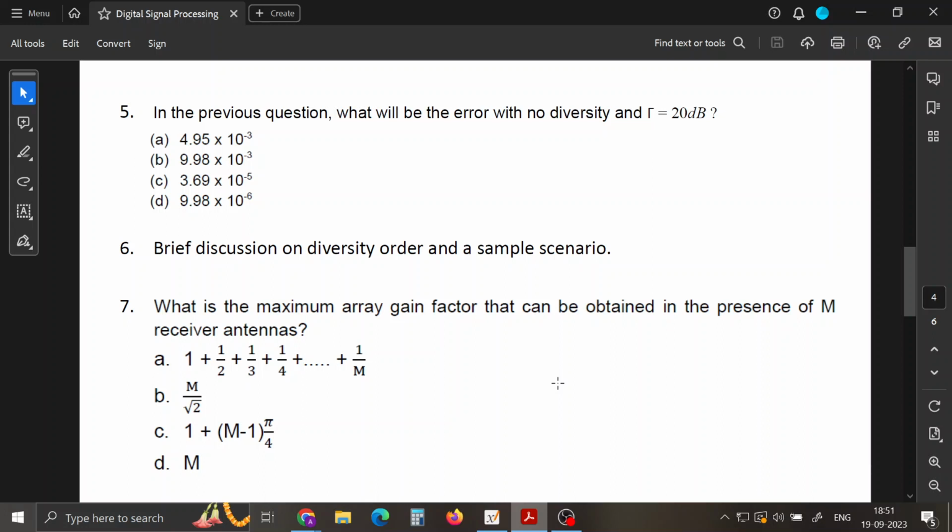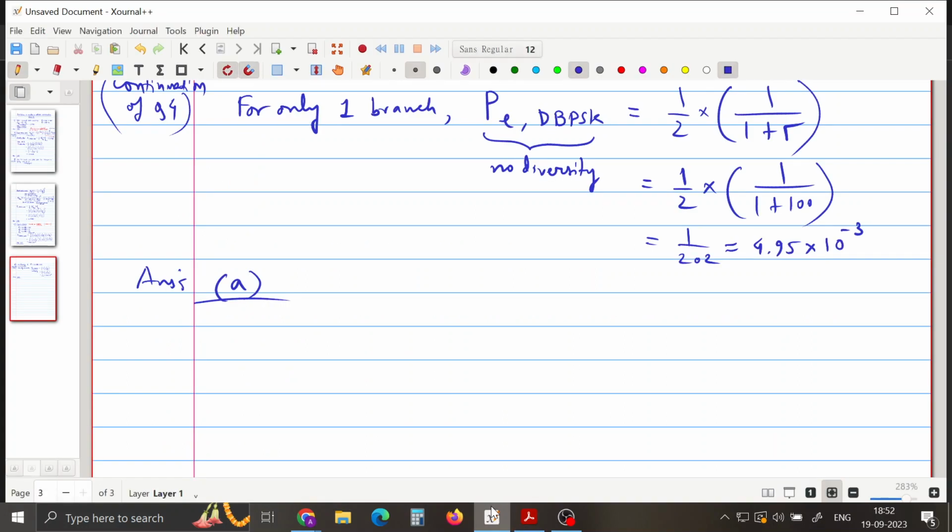And one thing maybe I can touch on, I'm not sure. I'm planning to discuss very briefly diversity order and a sample scenario. Actually, in the last session, I think someone towards the end was asking me how to calculate the diversity order.